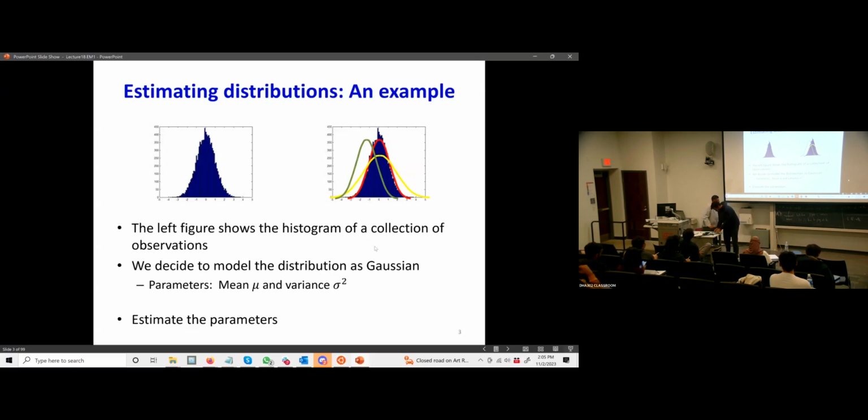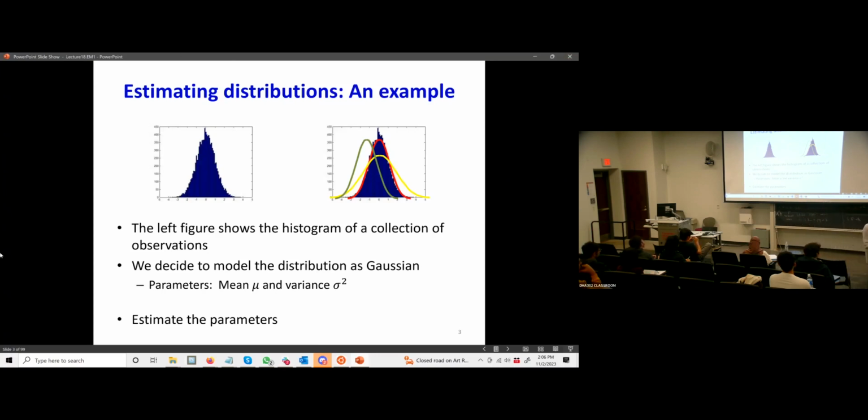Thank you. So here's another experiment. You draw a bunch of outcomes from a distribution. In this case, I'm assuming it's a Gaussian distribution. So the left shows the histogram of a collection of such observations. In fact, this histogram came from real data. These were cepstral coefficients from a collection of speech.